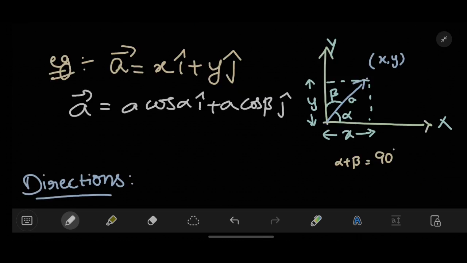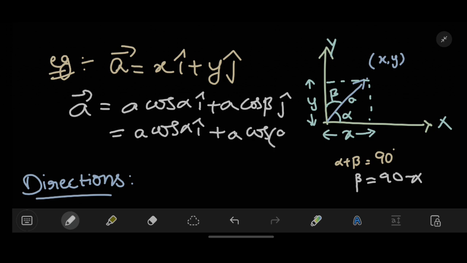Here once again observe that alpha plus beta is equal to 90 degrees. Simply I can write beta is equal to 90 minus alpha. Now the same thing I am going to put here: a cos alpha i cap plus a cos of 90 minus alpha j cap.